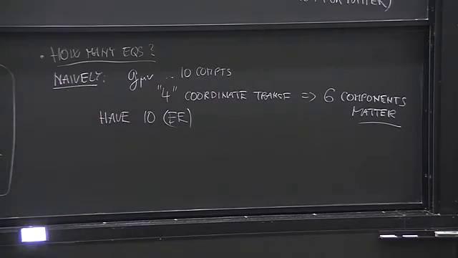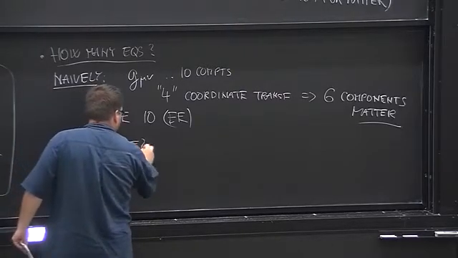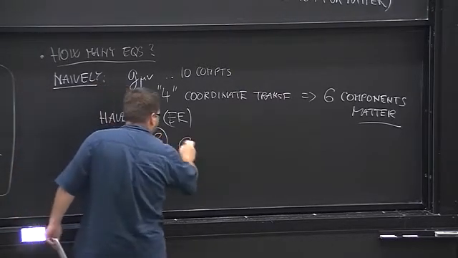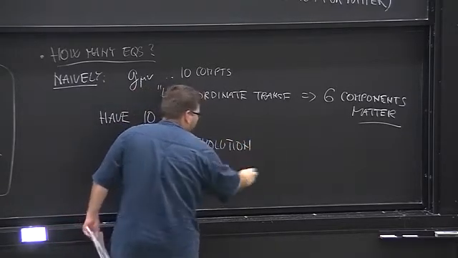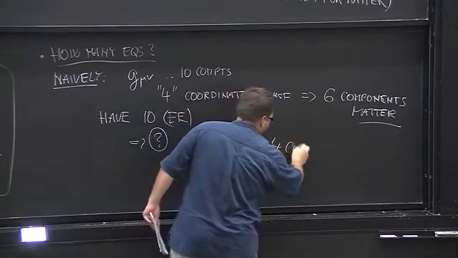So that immediately tells you that if I can always get rid of 4 components of the metric, but I have 10 equations, I had better have only 6 evolution equations. So this suggests that I have 6 evolution equations plus 4 constraints.